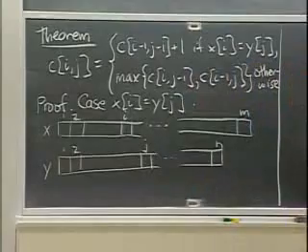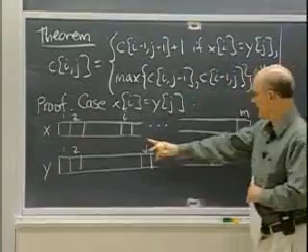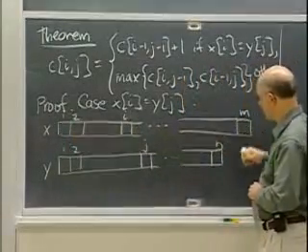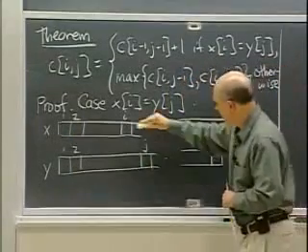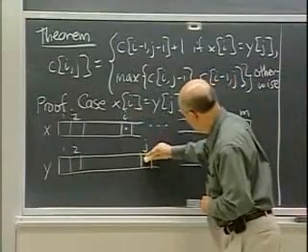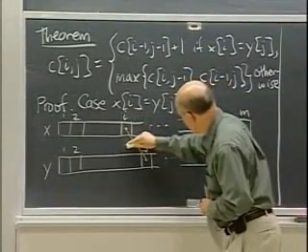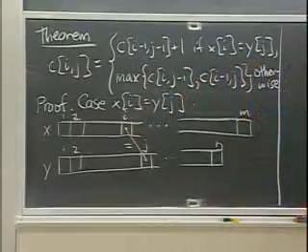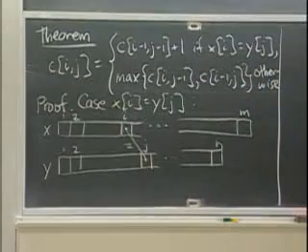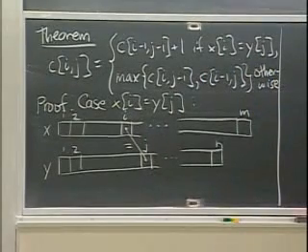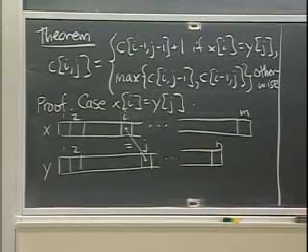So here's my sequence x, which I'm drawing as this elongated box, and sequence y, and I'm saying that x of i and y of j are equal. So let's see what that means.